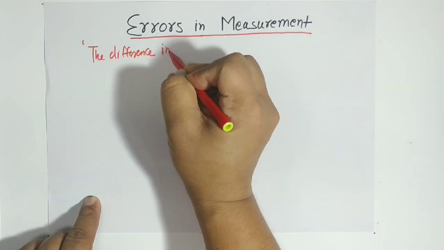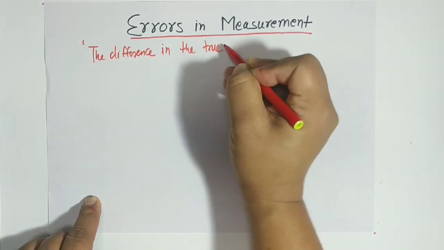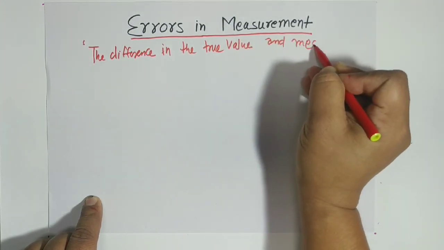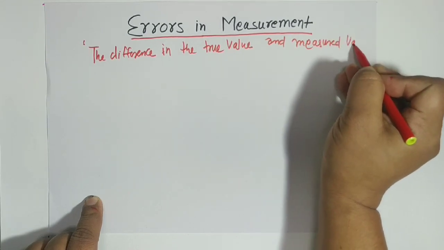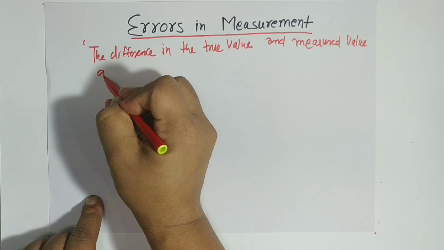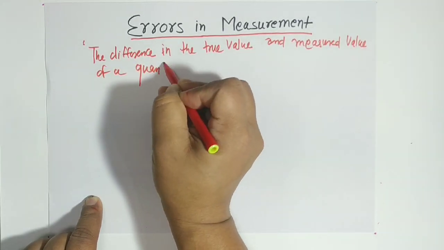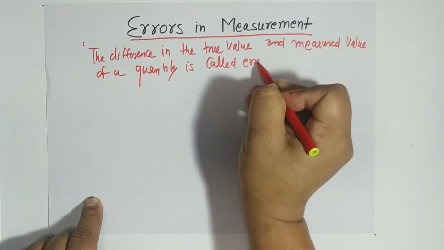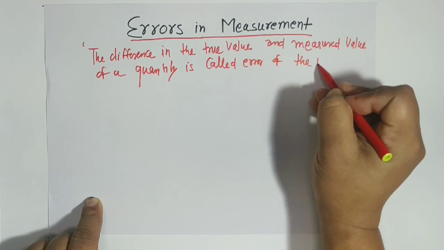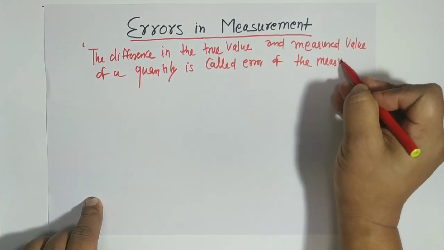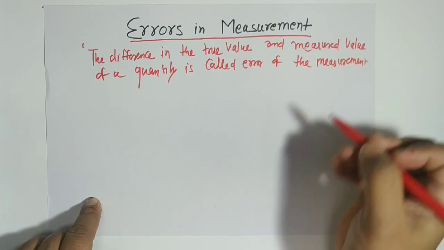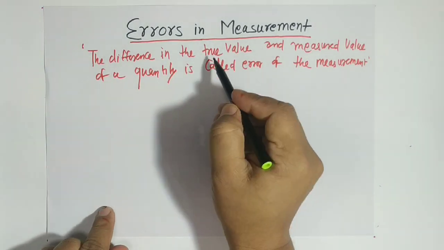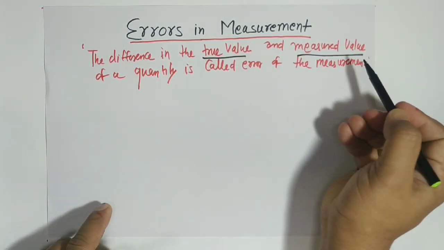The difference between the true value and the measured value of a quantity is called the error of the measurement. So that is the difference between the true value and the measured value.